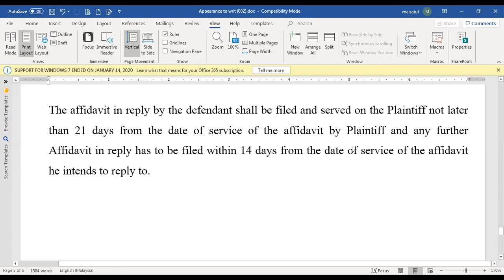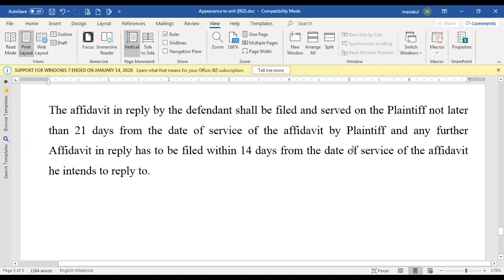But what happens in an OS or originating summons? The defendant in the OS must file an affidavit in reply and serve it on the plaintiff not less than 21 days from the date of the service. So in other words, if they want to defend, they must file an affidavit in reply instead of a memorandum of appearance.